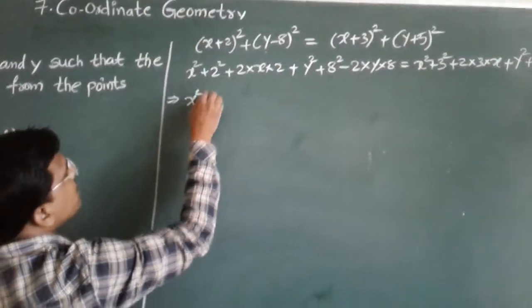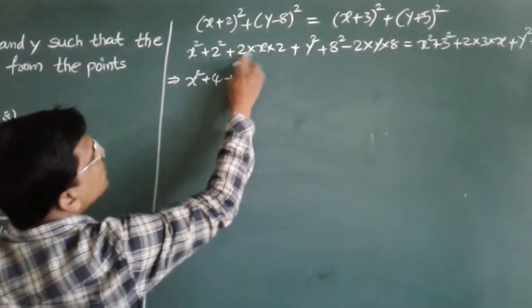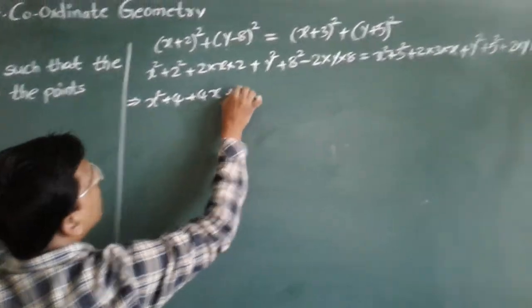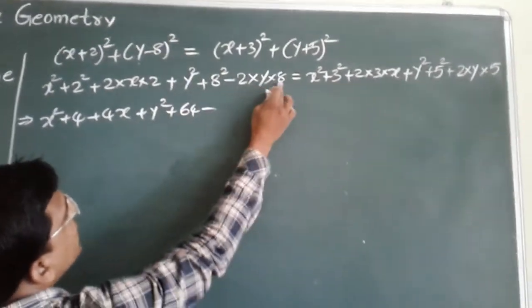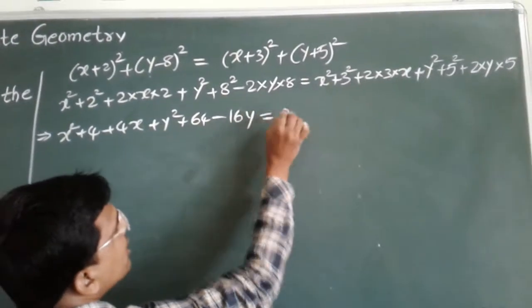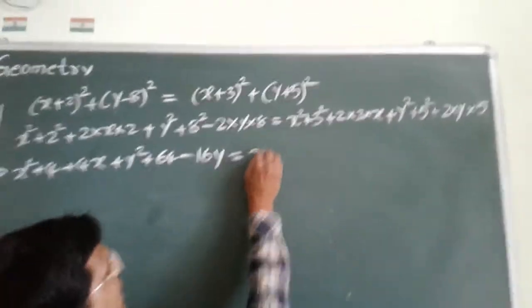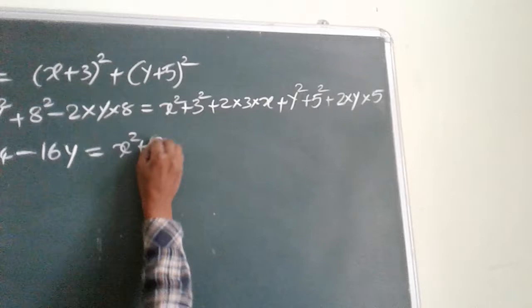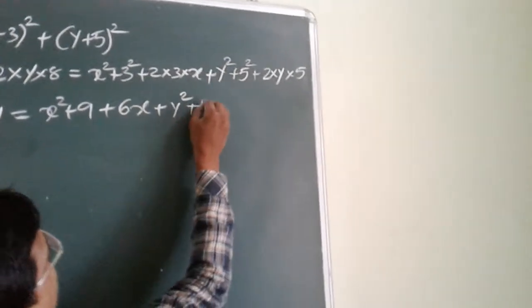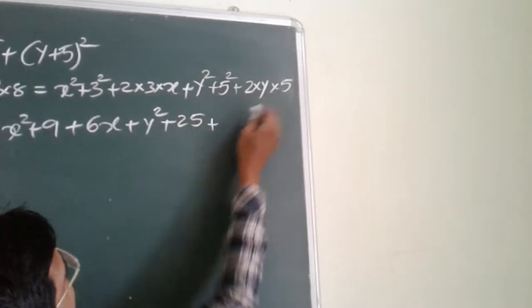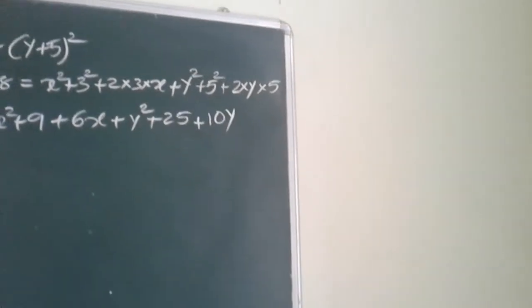x square plus 2 square, 4, plus 2 2s are 4x, plus y square plus 8 square, 64, minus 2 8s are 16y, is equal to x square plus 3 square, 9, plus 6x, plus y square plus 25 plus 2 5s are 10y.